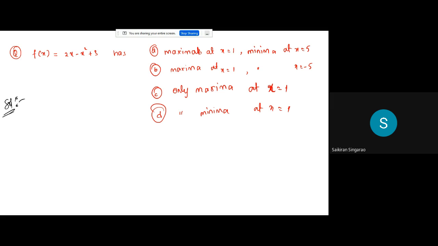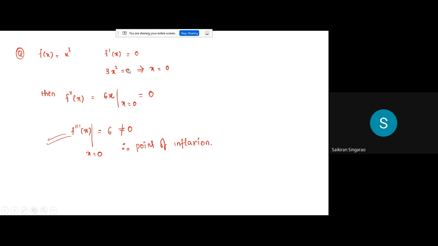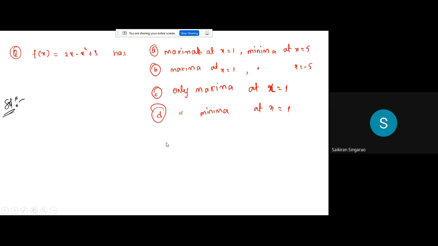Can you tell me the answer for this? How should I do it? To find maximum, first what I have to do, sir? I have to do single derivative test and equate it to 0. Yes, can anyone give me the answer? Which option is right?